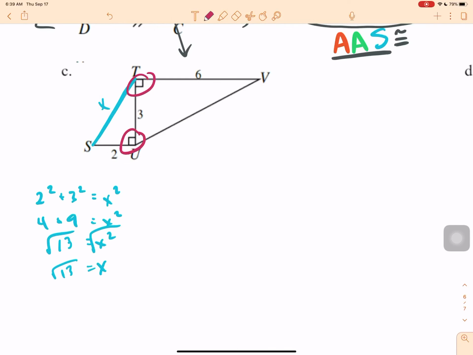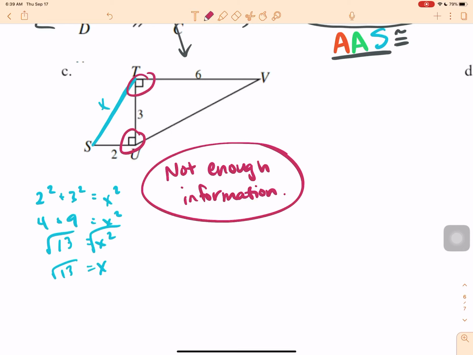But other than that, that's it. Those are the only congruencies we know, is that those two angles are congruent to each other. So this one, again, is not enough information to prove them congruent. There's just no way. You can definitely solve for sides, but those sides are not going to be equal because we have two different lengths for the legs of these triangles. So there's just no way that we can prove these equal or congruent.